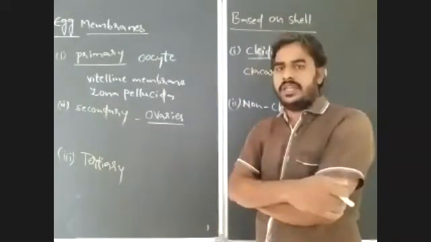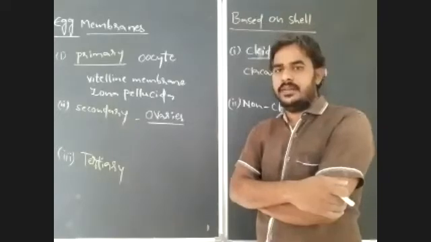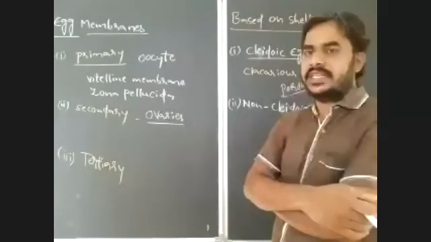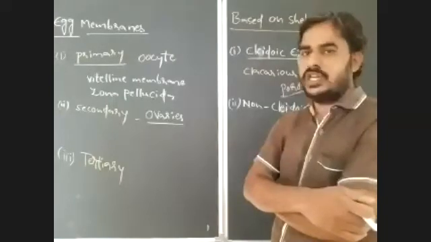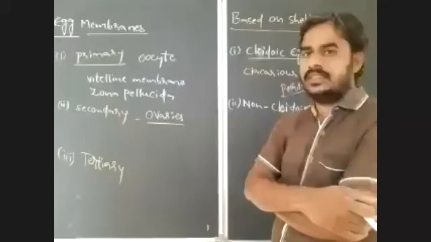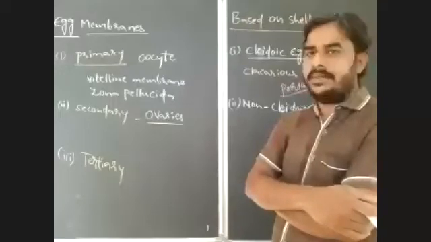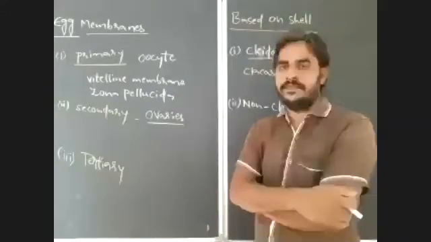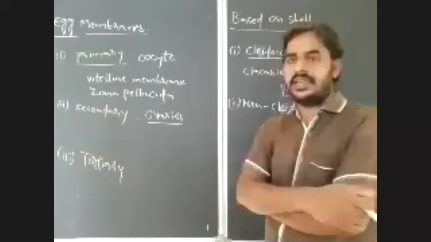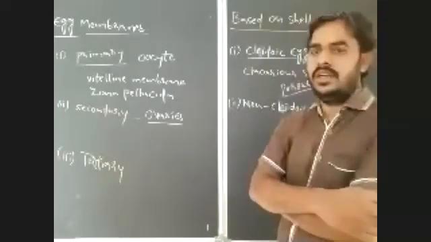What is the primary egg membrane? The egg membranes which are secreted by the oocyte itself are known as primary egg membranes. In human beings, vitelline membrane and zona pellucida are the primary egg membranes that are secreted by the oocyte.